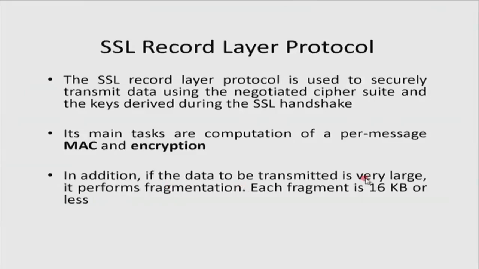Entity authentication took place, at least server authentication took place, in the handshake, and per message authentication and integrity protection takes place as part of the SSL record layer protocol, using the keys that were computed and derived in the handshake. In addition, if the data to be transmitted is very large, it performs fragmentation.